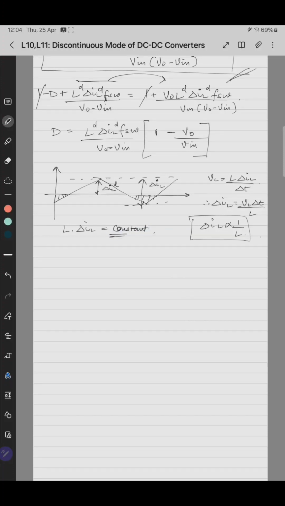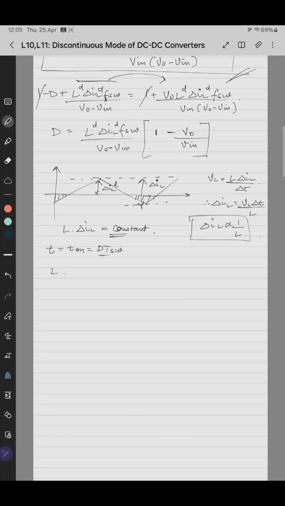This you assume, whatever is the case, that is for T equals T_on, that is D into T switching. So D into T switching is constant for both continuous conduction mode as well as discontinuous conduction mode. So this relation we can write: L into delta I_L is constant.